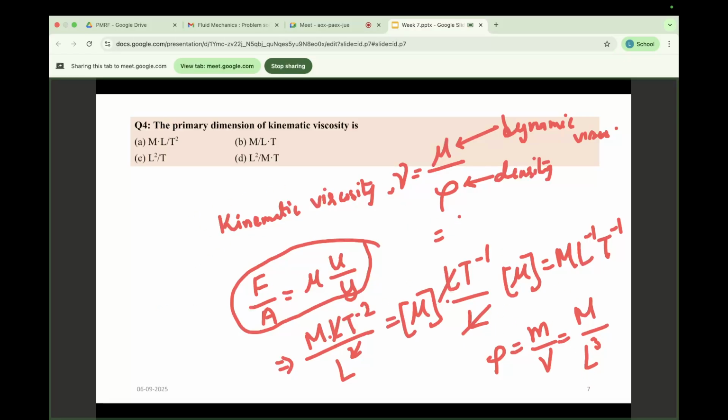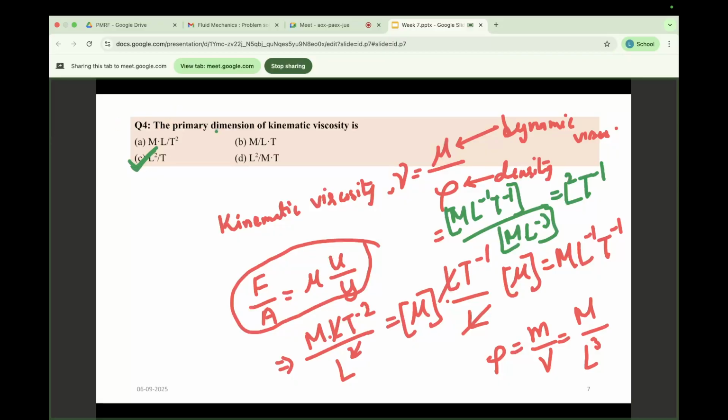So here I can write in place of mu, M L to the power minus 1 T to the power minus 1, divided by M L to the power minus 3. Okay, so that means it will be L squared T to the power minus 1. That's why the correct option is option C.